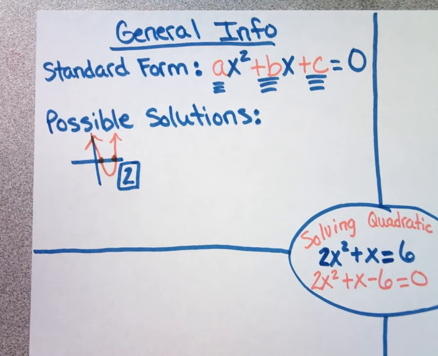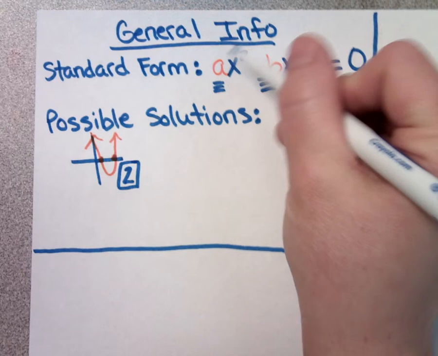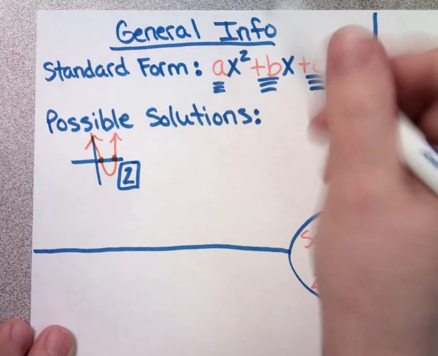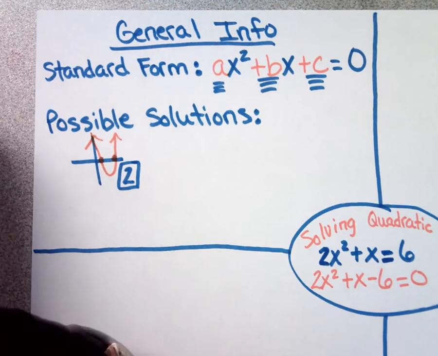And a lot of the problems that we have solved have had 2 solutions. And that's because when the highest exponent is a 2, then most of the time we do see 2 solutions.